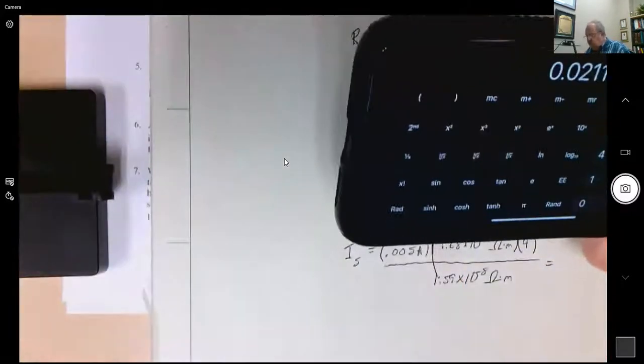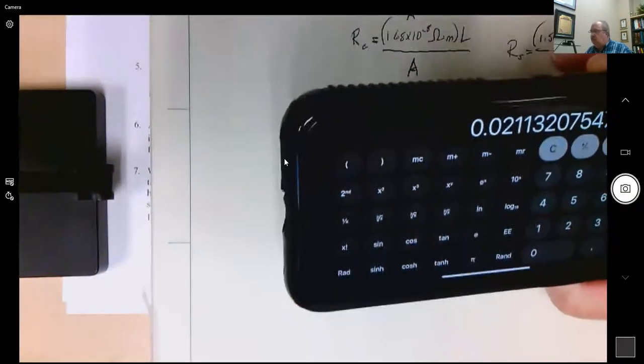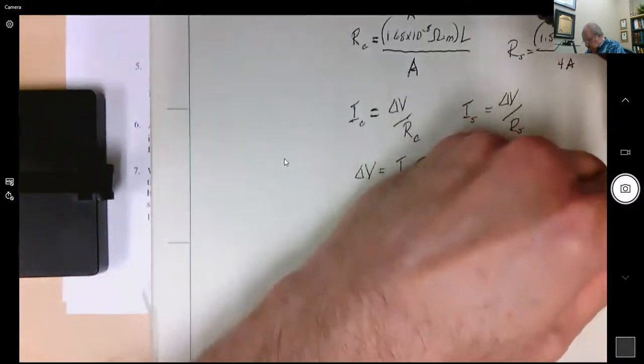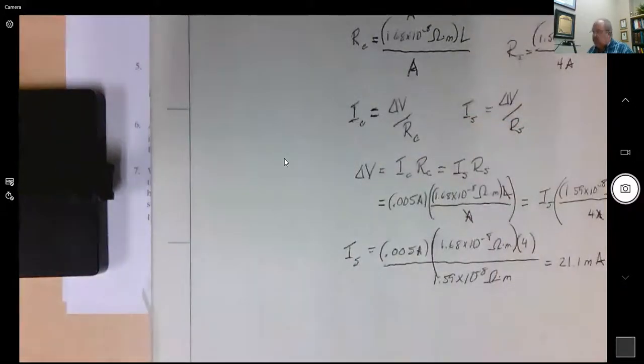And that gives me 21.1 milliamps, or 0.0211 amps. Okay, so that's problem number 7.